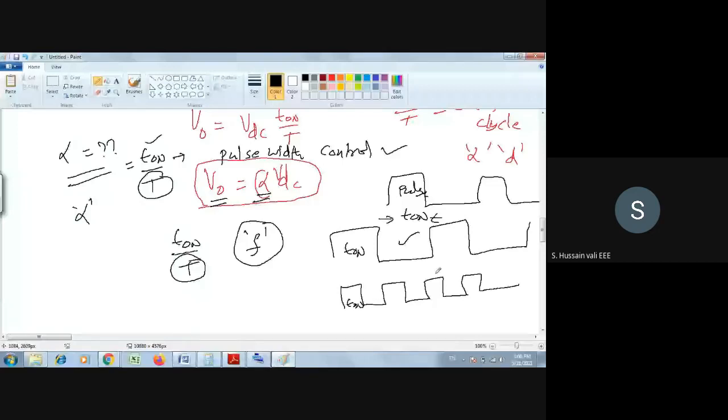More pulses are there in less time, fewer pulses are there in more time, so the frequency is higher. So changing the frequency means you are changing the total time. That is also one method to change alpha, because changing alpha means you either change the numerator or the denominator, or you change both, so that the alpha value will change. So by knowing this logic, the first one you call pulse width control. The second one you call frequency control. By changing the frequency, we can also change the value of alpha.